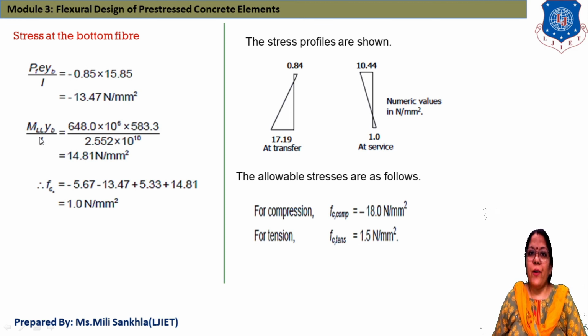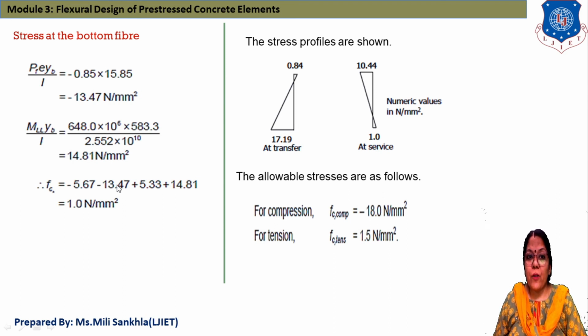Here we find the bending stress due to live load, MLL by YB by I, 648 into 10 raised to 6, 583.3, and I is given, 14.81.